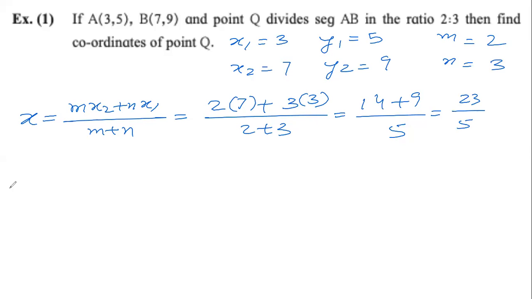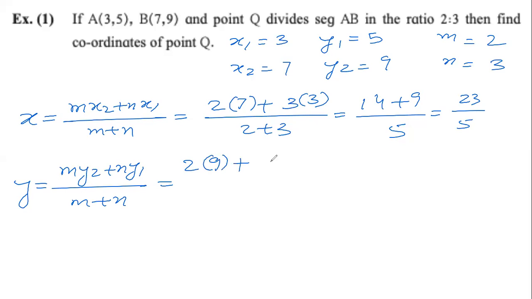Now you will help me write y. Y equals, I will write the formula, my2 plus ny1 by m plus n. Tell me what we will write. 2 into 9, plus 3 into 5, divided by 2 plus 3.